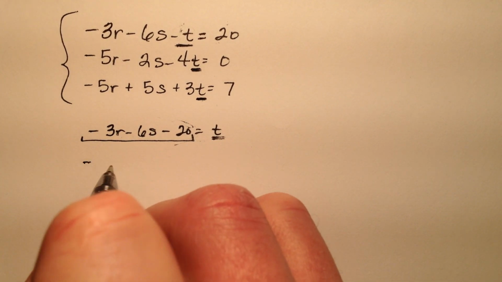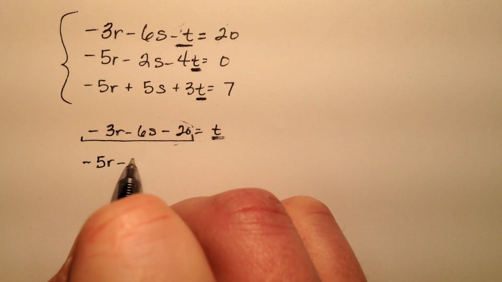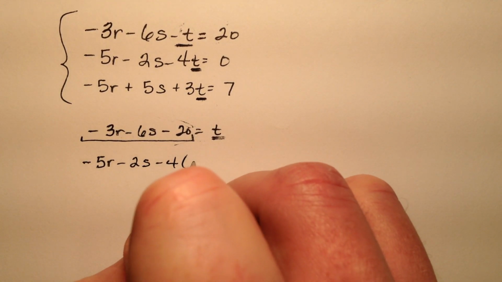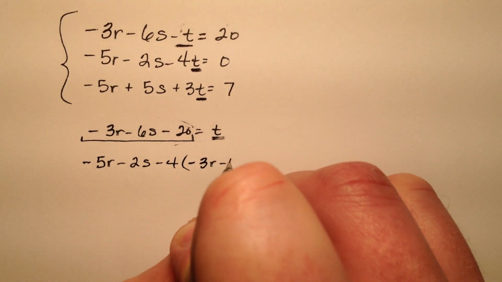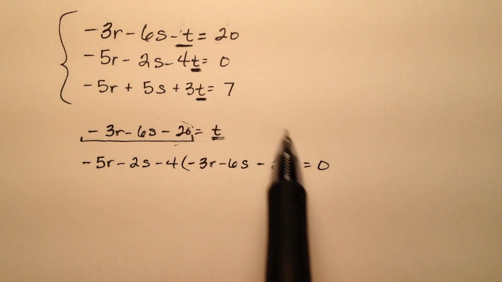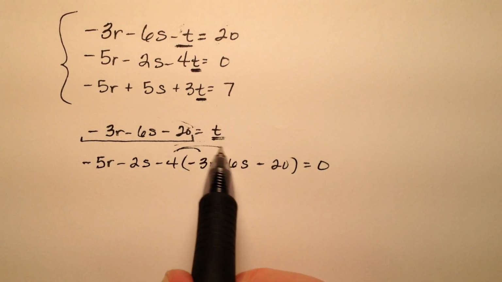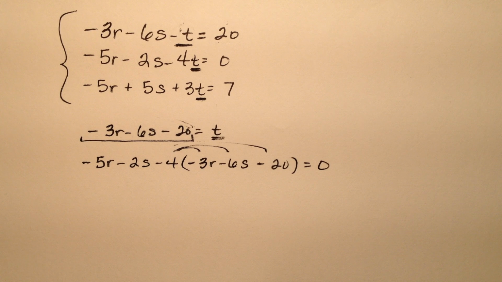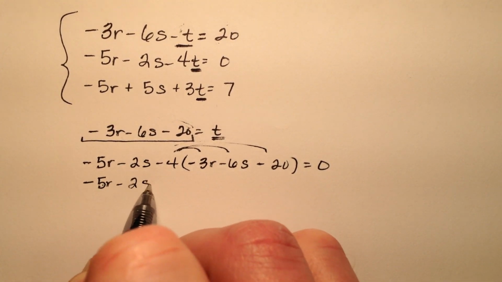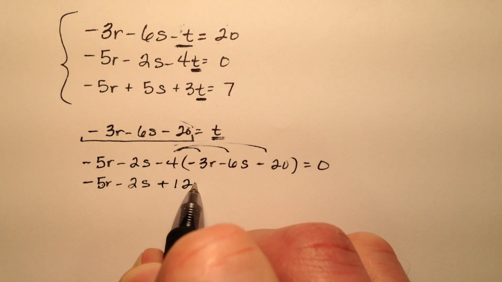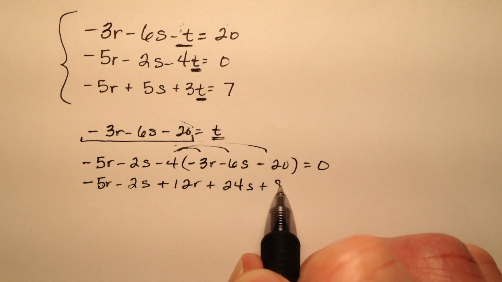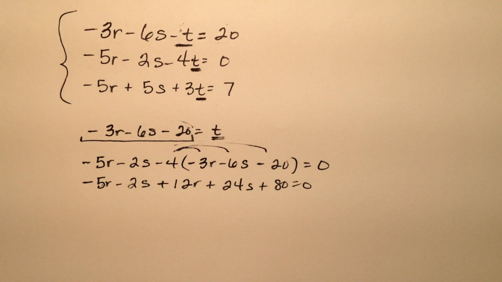Okay, so the second equation looks like negative 5r minus 2s minus 4t, and then the equivalent expression is what I will substitute in here for t, and that equals 0. So let's distribute and simplify this a bit. So negative 5r minus 2s plus 12r plus 24s plus 80 equals 0.